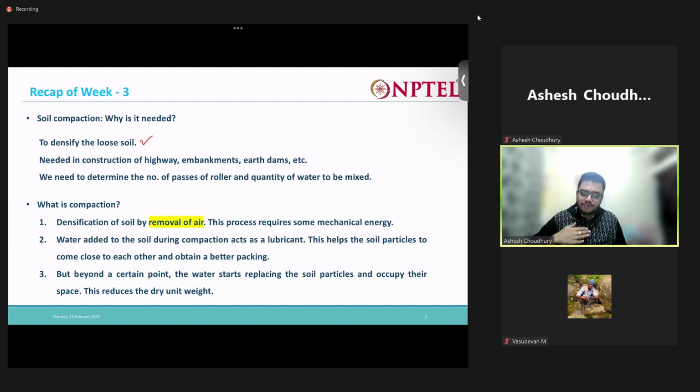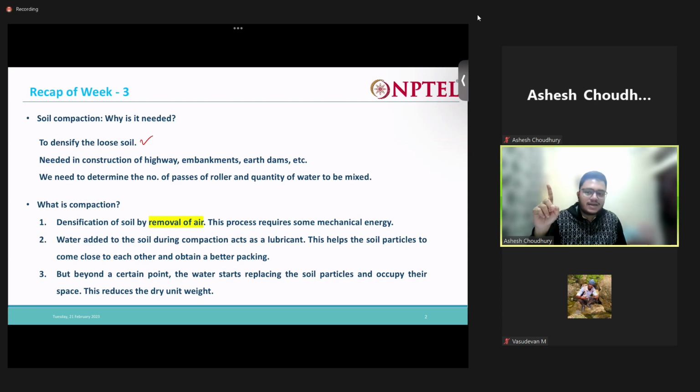For compaction, generally in the field, we use rollers. You have seen some big vehicles which have drum-like things as their wheels. Those actually compact, densify the soil, and we have one target density which we need to achieve.